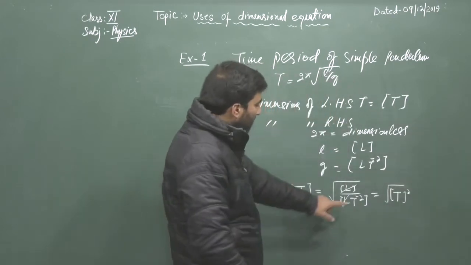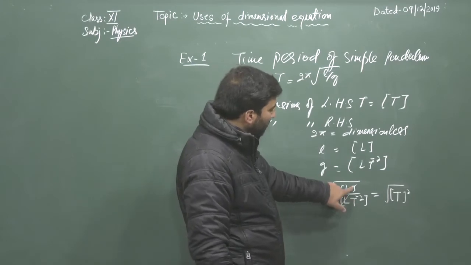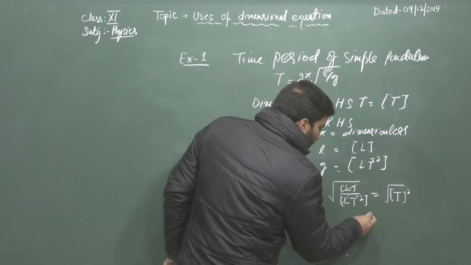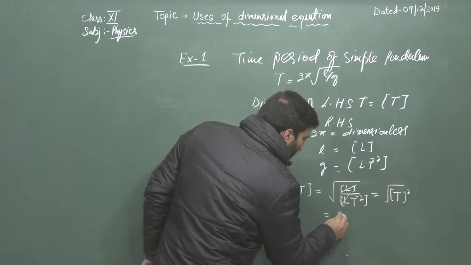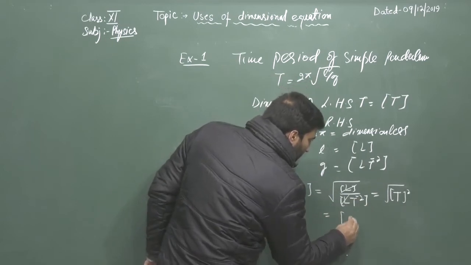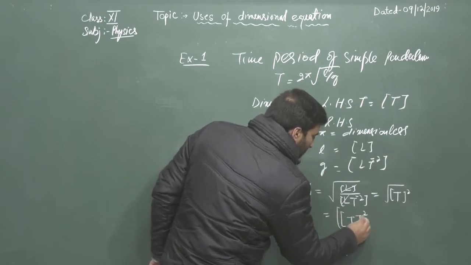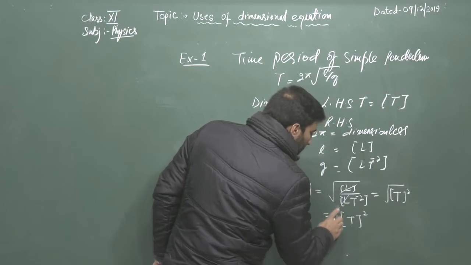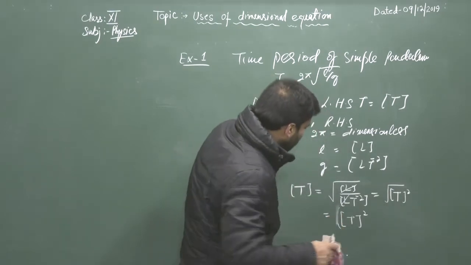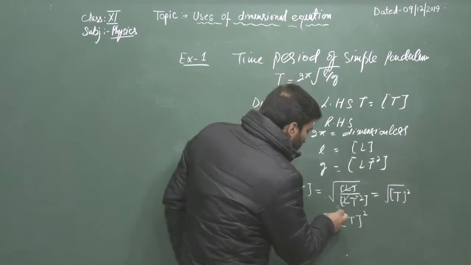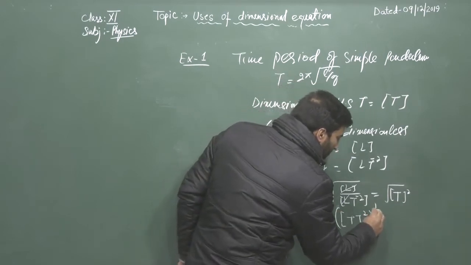T raised to power 2 is in the denominator. When we take it into the numerator, the power becomes positive. So we can write it as T^2, and instead of root we write the power 1 by 2.